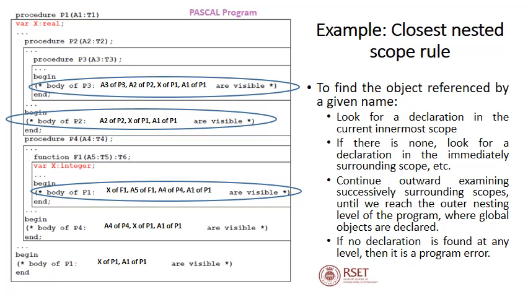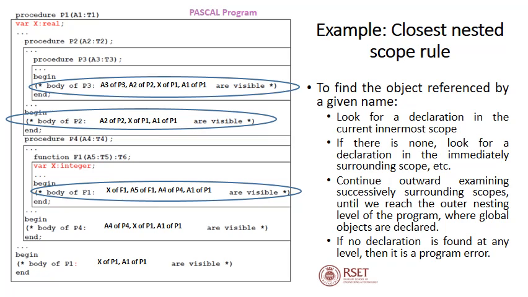This X of F1 has hidden the variable X which has the same name in the outermost function P1. F1 is a nested function within P1. However, since we have a local variable X within F1 with the same name as the X in P1, this X has hidden the one in P1. The other things that are visible are A5 of F1, A4 of P4 and A1 of P1.